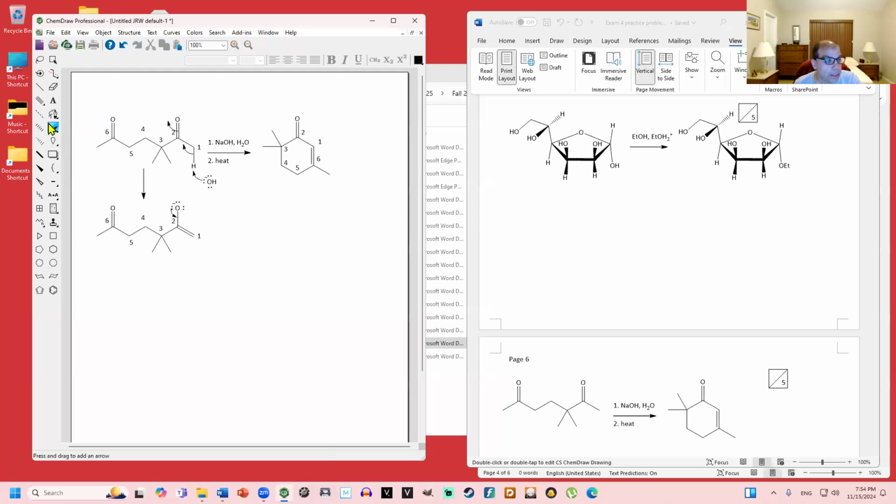We reform the carbonyl. The enolate then attacks the other carbonyl on the other side of the molecule. And the electrons in that pi bond will remain attached at carbon 1 and form a new bond between carbon 1 and carbon 6. That gets us our 6-membered ring.